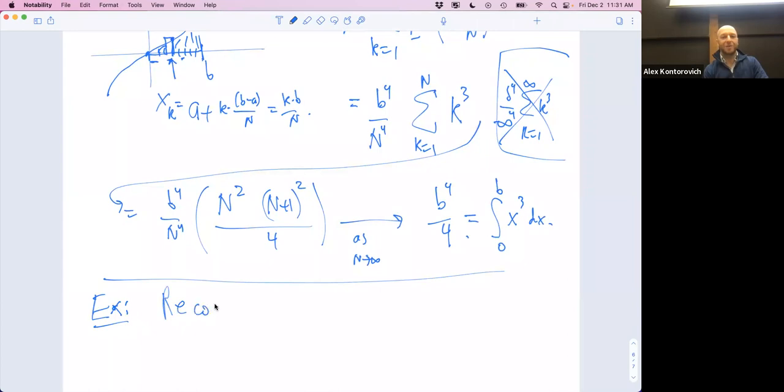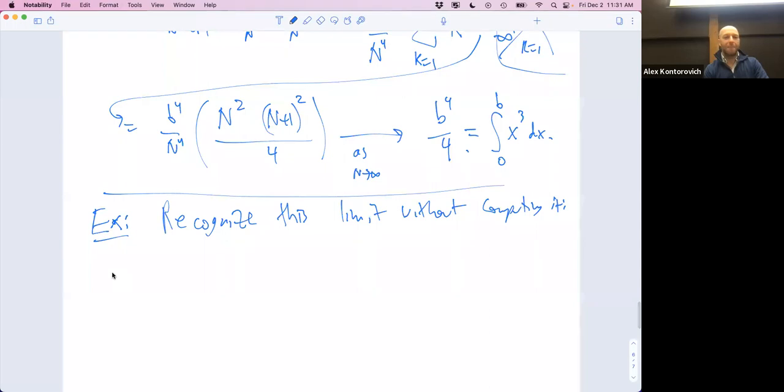Here's your problem. Recognize this limit without computing it. Okay, so here's the limit I want you to recognize.